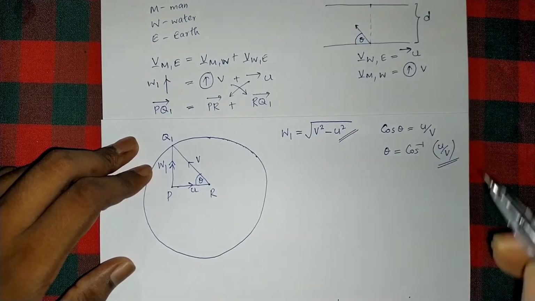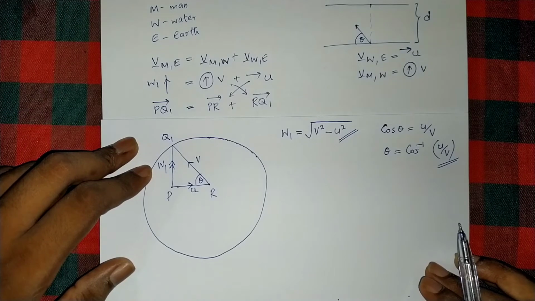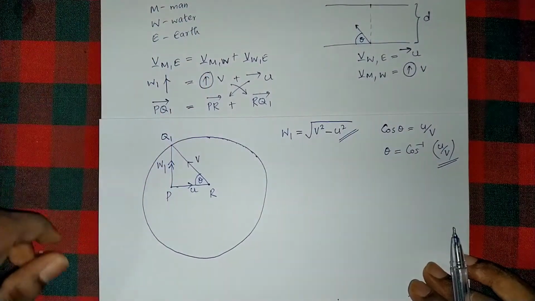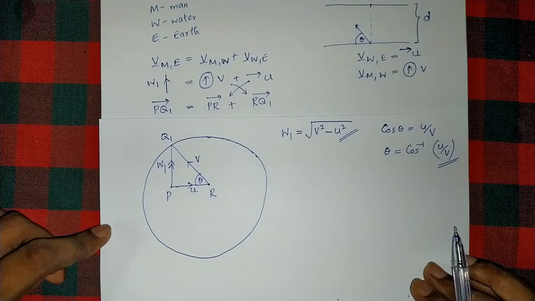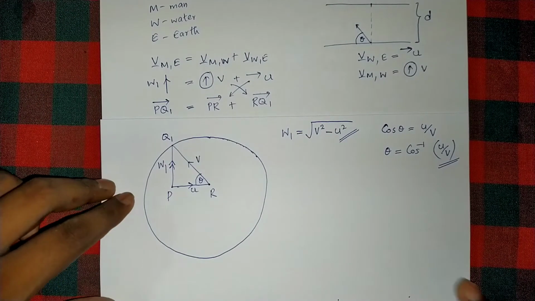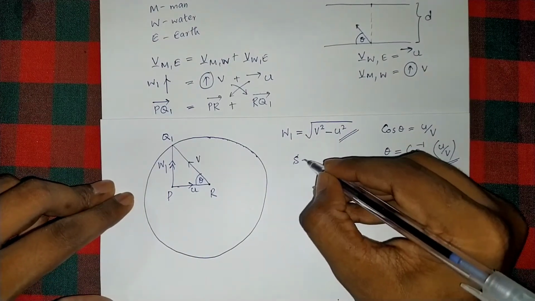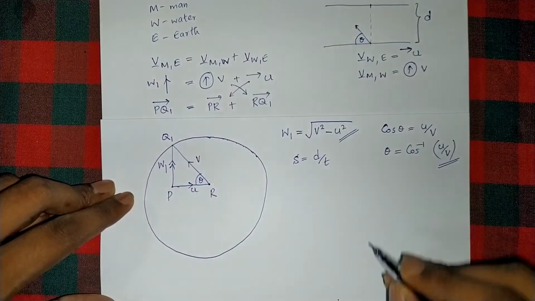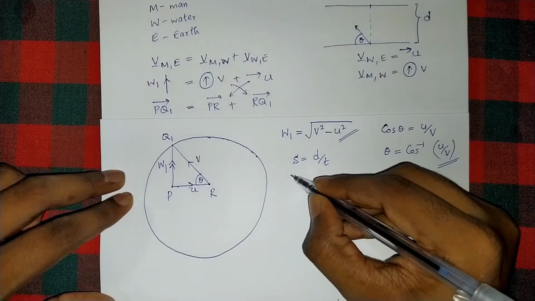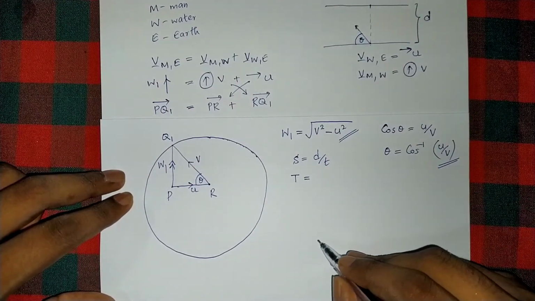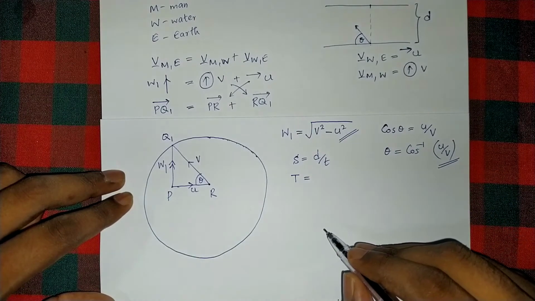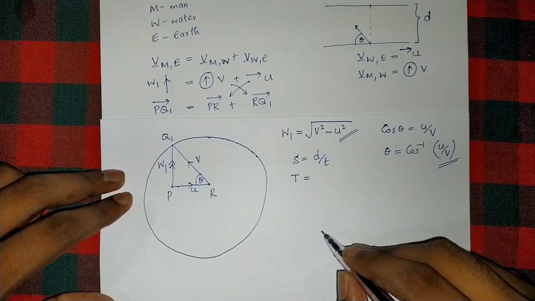This is the velocity. The question is asking for the time, capital T, taken by the man to cross the river. For that I have to use the speed equals distance divided by time equation. So I have to make T the subject, it is given as capital T in the question. Time is distance moved divided by velocity.